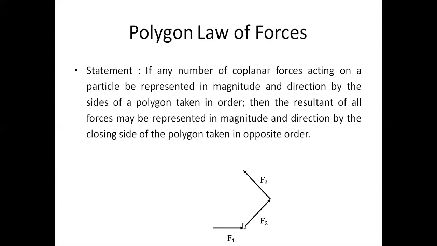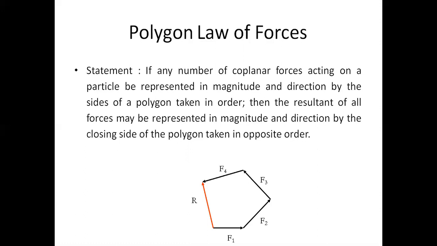So again, this is force 1, 2, 3, and 4, and the resultant will be in the reverse direction, from the start of F1 to the end of F4. Now this is the resultant R of all the forces F1, F2, F3, and F4. Likewise, we can take any number of sides.